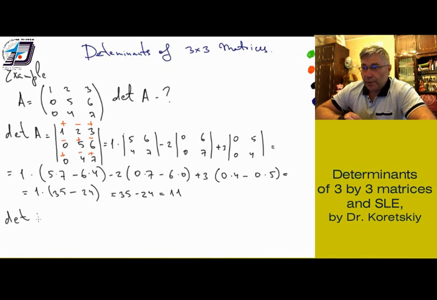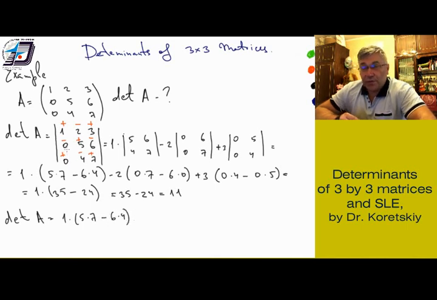Determinant A equals... We can move along the first column because we have two zeros here, and all elements which are 0 give 0, and I have here 1 times 5 times 7 minus 6 times 4.